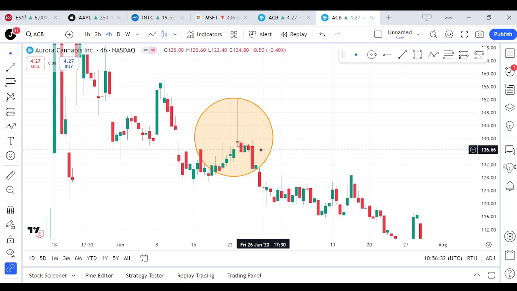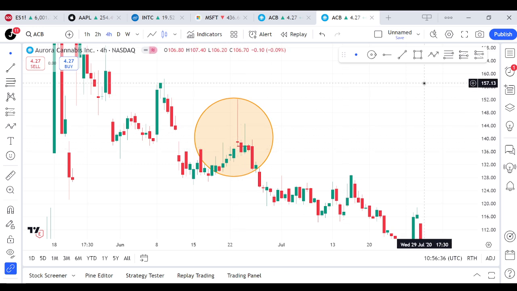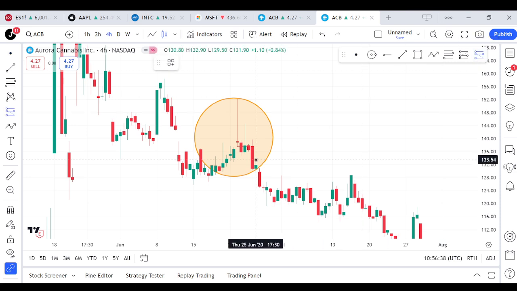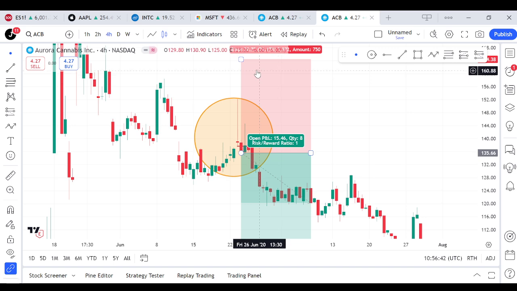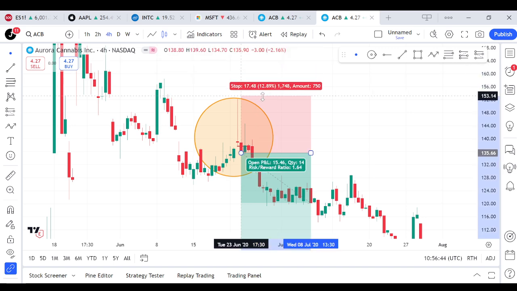So the entry should be at the close below this doji, and once you see that close below the doji, you should consider entering bearish positions with your stop loss above the high of the doji.